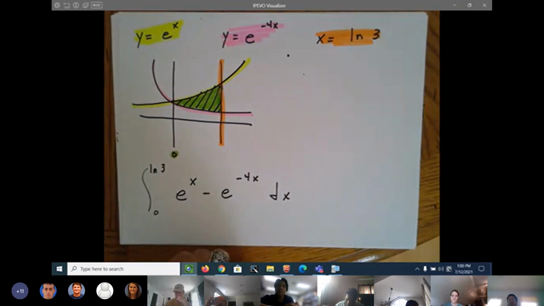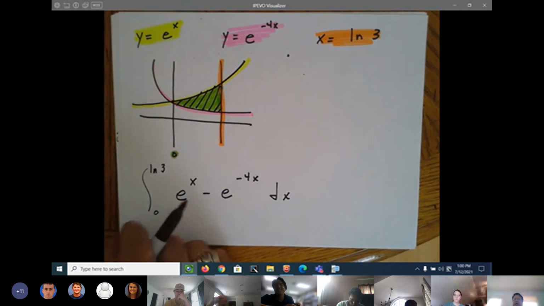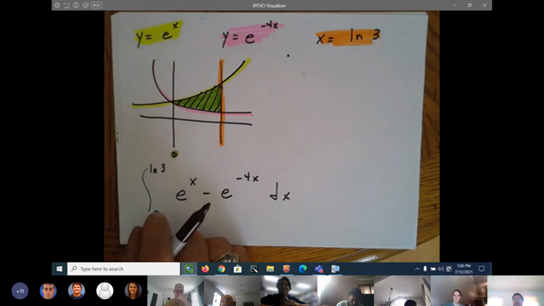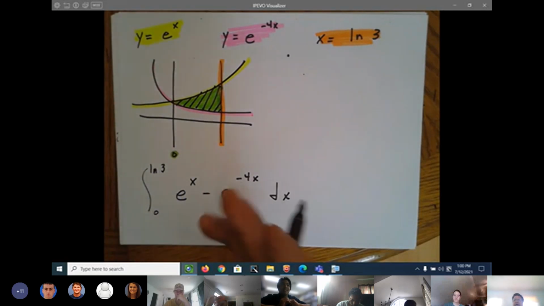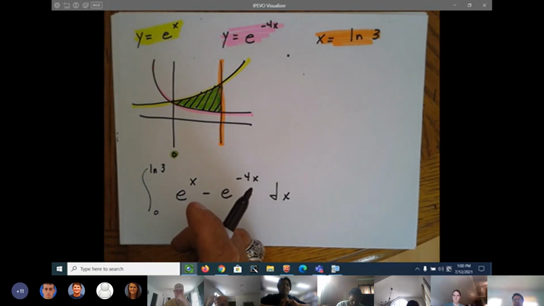Somebody tell me what the natural log of 3 is. No, I don't want you to calculate it. But what is it? What's the outcome of the natural log of 3? Is it a decimal? Yeah, but a decimal is another form of a what?